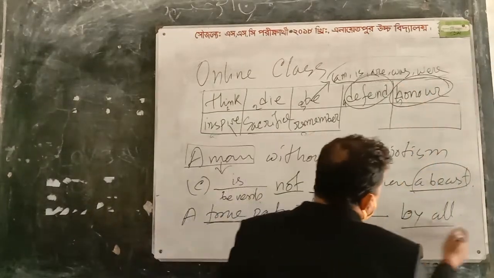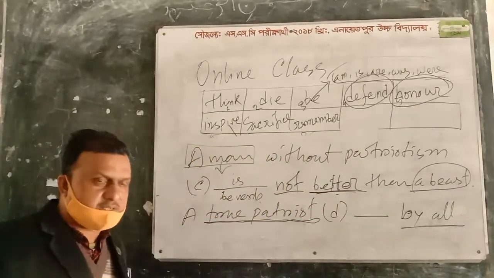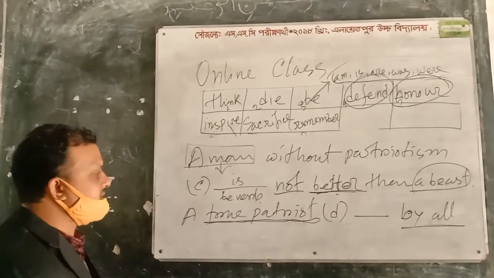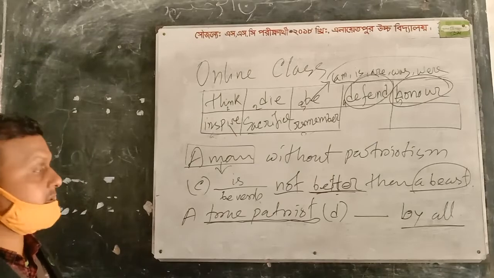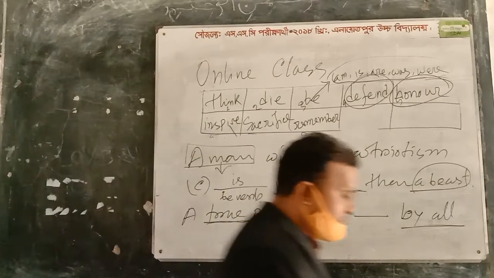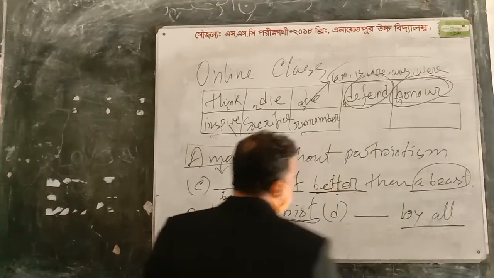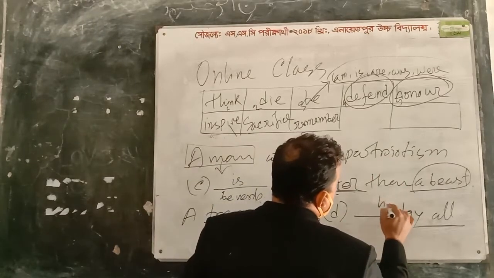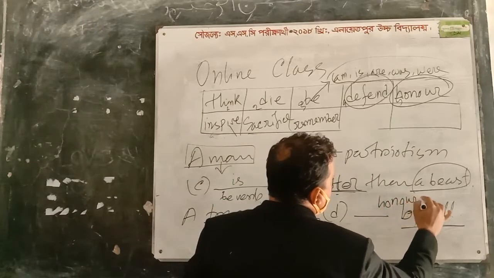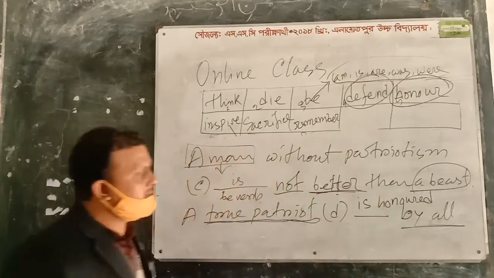So here by what, I mean সবার দ্বারাই, this sentence is not an active sentence, this is a passive sentence, and passive will be the correct passive verb. So you can use a verb in passive voice here. Passive voice means honored. Can you use honored? A true patriot is honored by one.